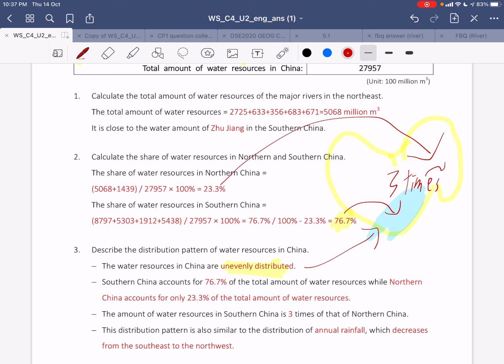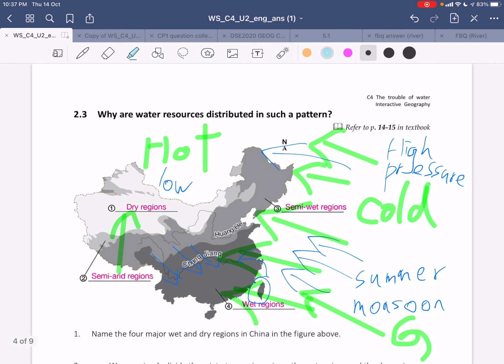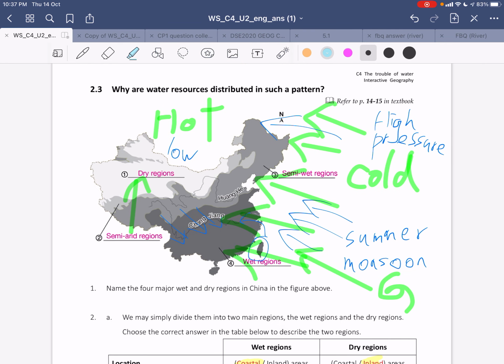What are the reasons that make the water have such an uneven distribution? First of all, the annual rainfall differences, because rainfall decreases from the southeast to the northwest. This creates such a pattern for the water resources. The southern part and the eastern part are mostly wet. Why?